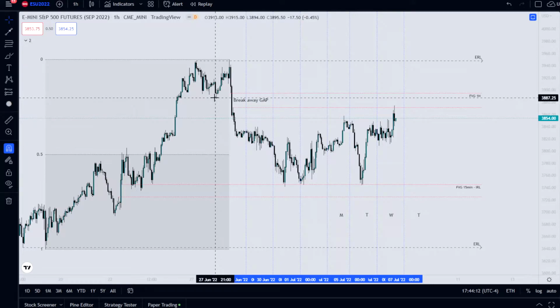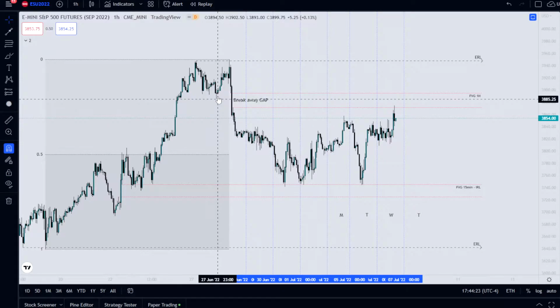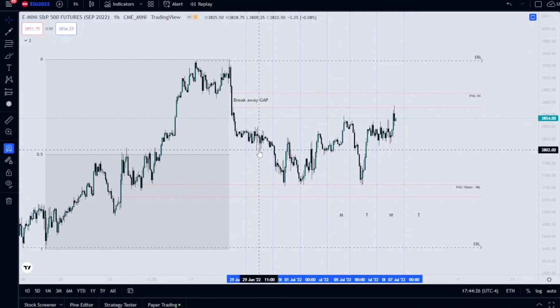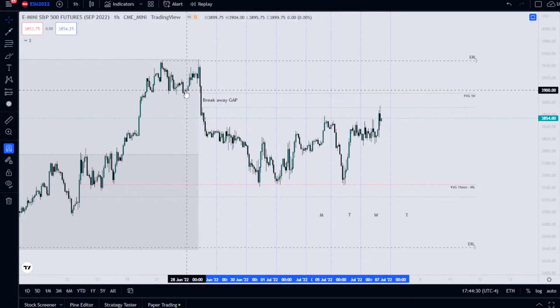In this case, we also have what would amount to a breaker block on this down close candle, right? Because you have a higher high, then you have a lower low, and then you have a higher high, and then price breaks down, which makes this candle here a breaker.